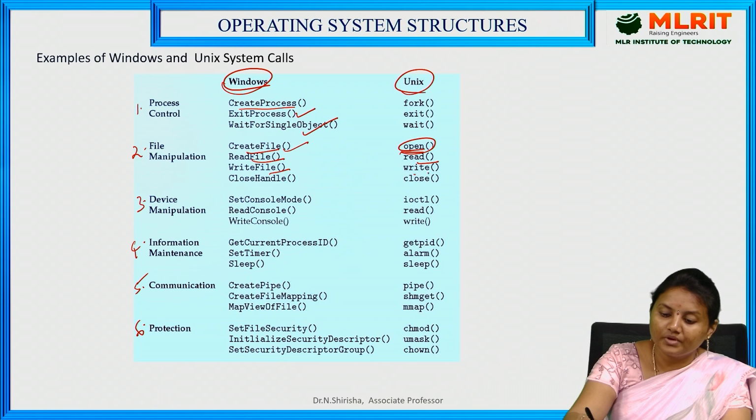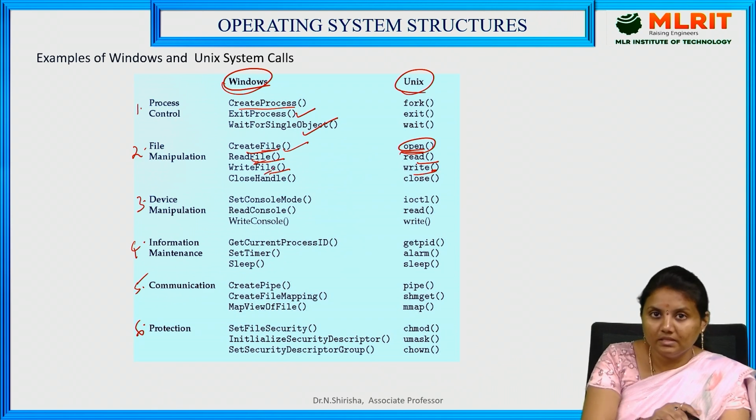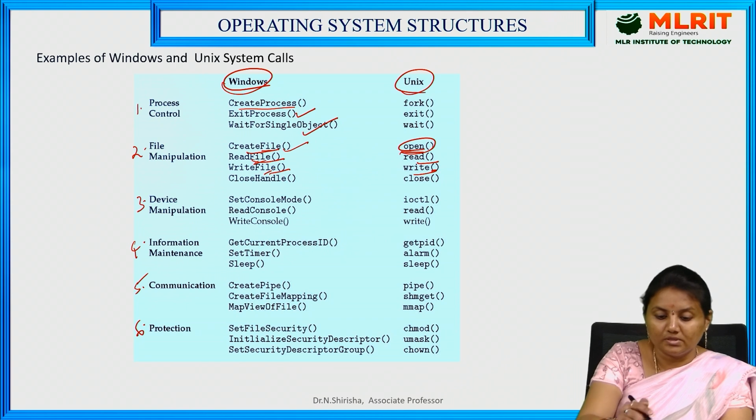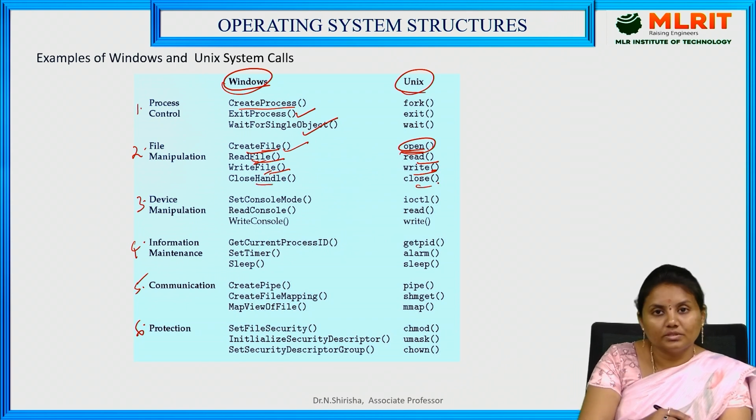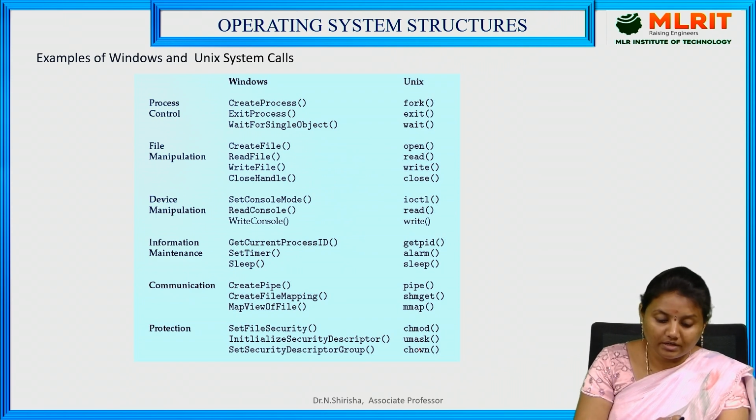Write file, write system call. Wherever you are using files, you are just placing file in the system call as a postfix. Then close handle, just a close system call for terminating the file. Similarly, for device manipulation and information maintenance, these are the different system calls that we are using.